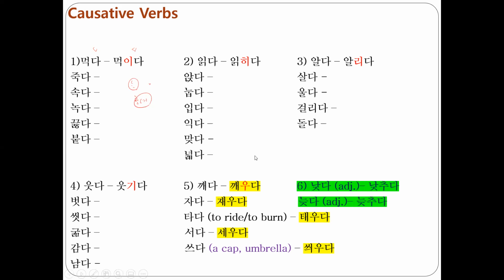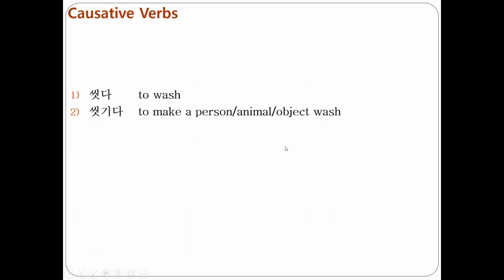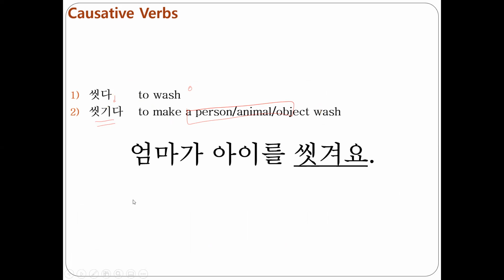자, 그런데 I will show you some examples. Wash is 씻다예요, 그렇죠? 근데 to make some object do this action, we call causative verb, and 씻다's causative verb is 씻기다예요. I'm gonna give you an example. 엄마가 아이를 씻겨요. Mom washes a child입니다. 엄마가 아기를 씻겨요. This means 엄마 washes the child.